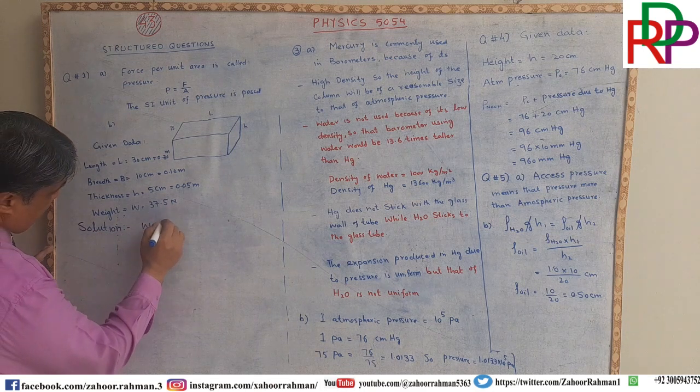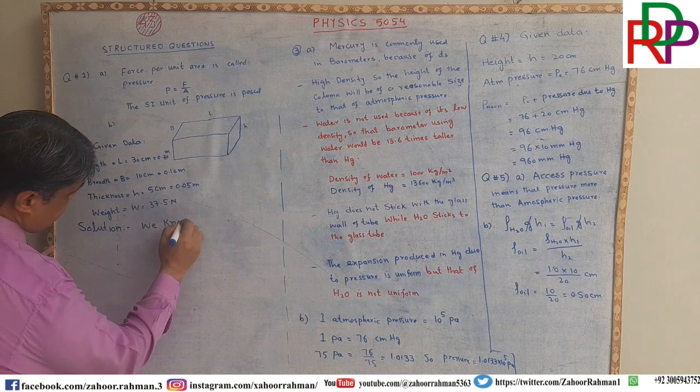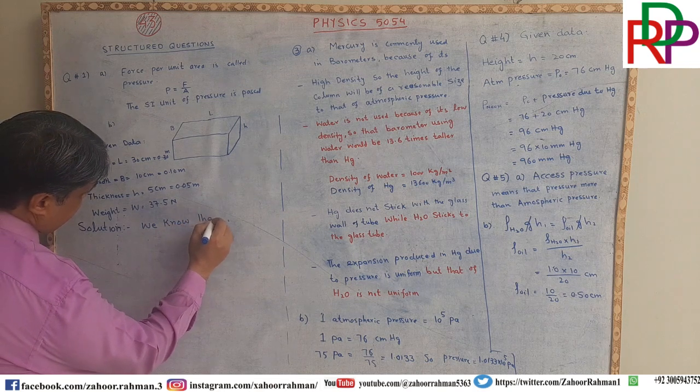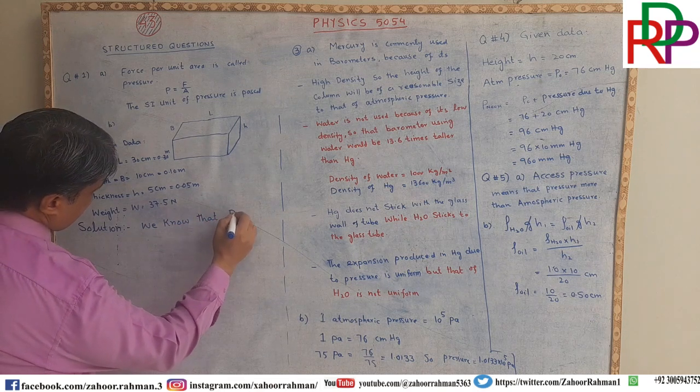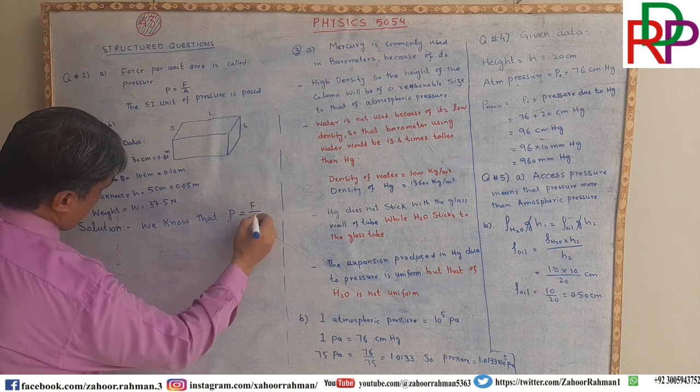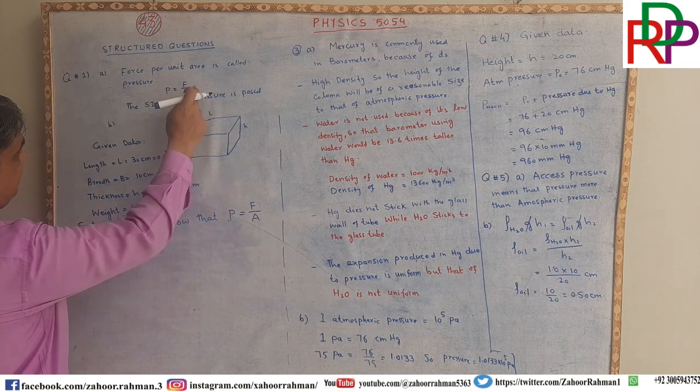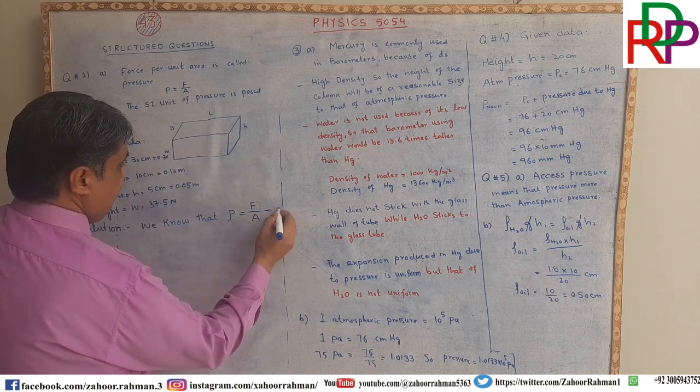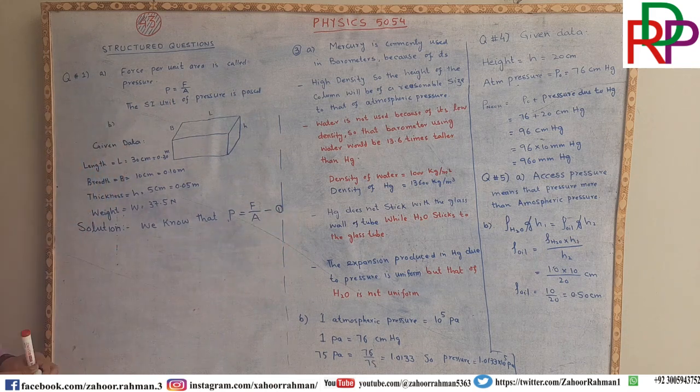We know that P is equal to F divided by A, and we are labeling it as equation 1 because we will refer to this part from another part of this question.